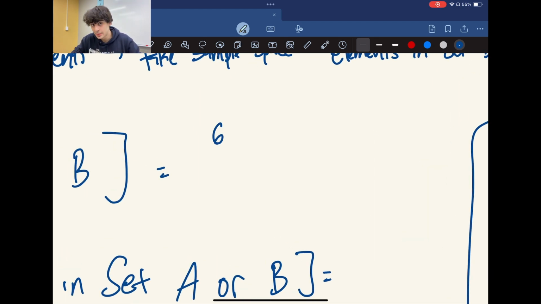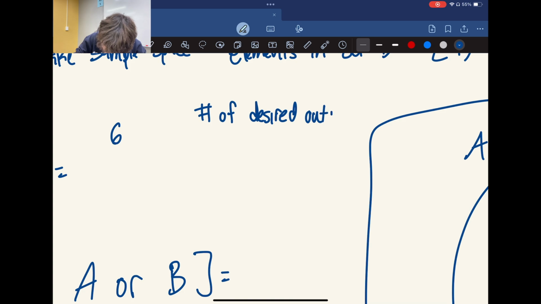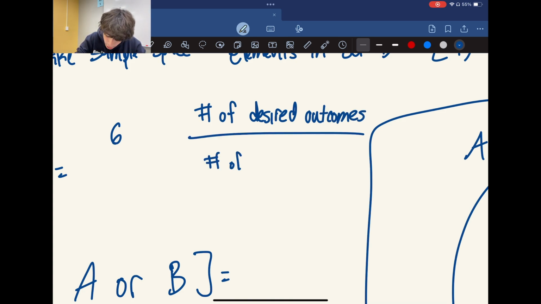And the way that you calculate probability, the formal definition of probability, is number of desired outcomes divided by the number of total outcomes. It's a bit wordy, but in essence, think of it like this.